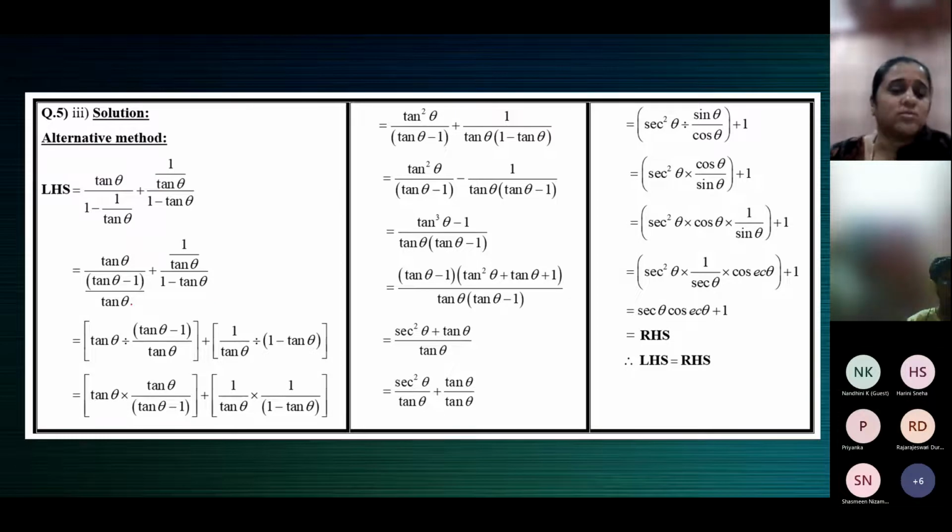Now, next step, children, to make it more clear, I always write it using the division symbol. See, this is the numerator, divided by this full thing, which is the denominator: tan theta minus 1 by tan theta. I've just written it like numerator by denominator here, and here also numerator by denominator.